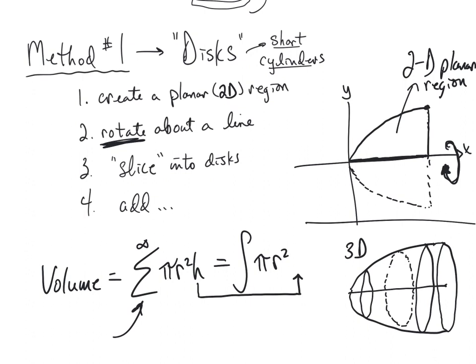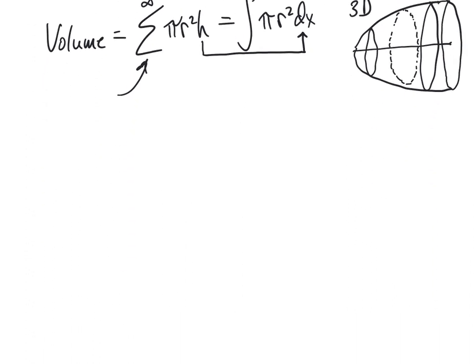So it's either going to be a dx or a dy. And I'll explain how you can figure out which one is which as we move along. Okay? So that's the basic idea in how we're going to calculate a volume using the method of discs. Okay? So let's run through an example to see how it can be applied to a specific problem.